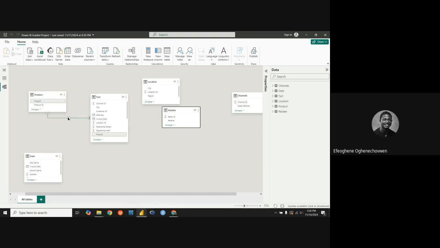So it has linked, look at what it did, product to product, which is not what we want. We need to link it with the ID.